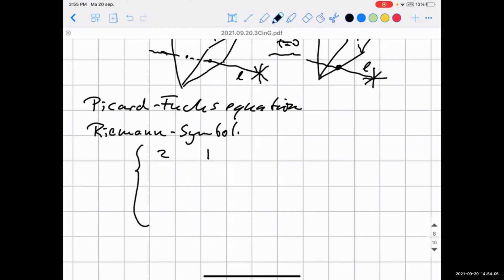singularities, which by the choice of our coordinates are located at the points 0, 1, 2, and infinity. And then the exponents are as follows.